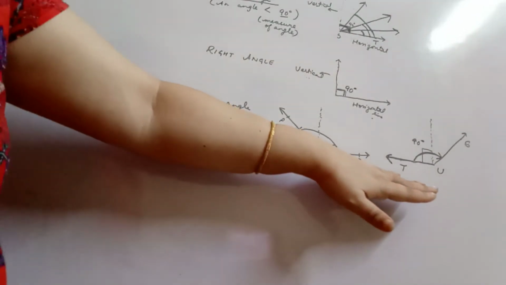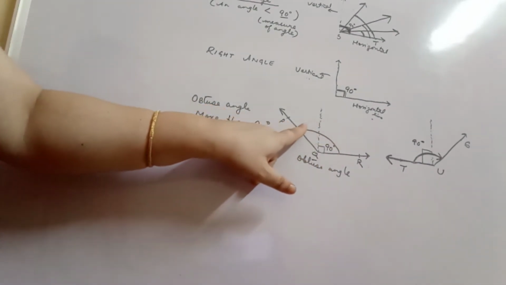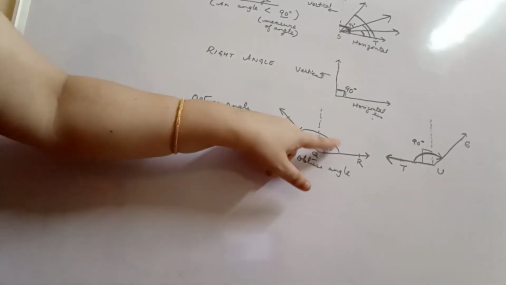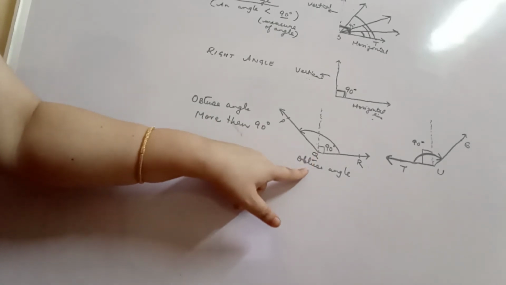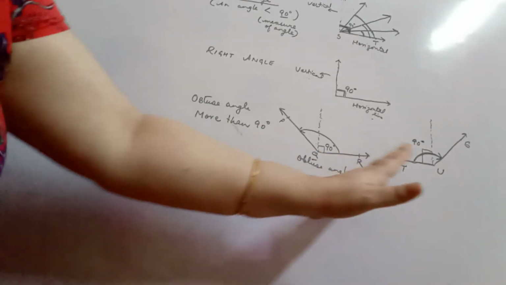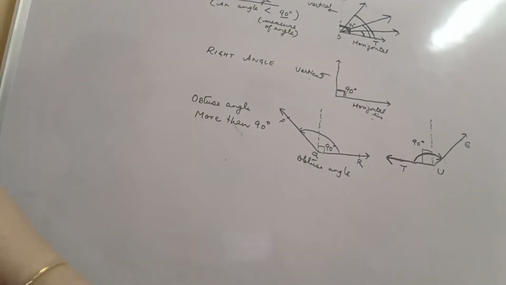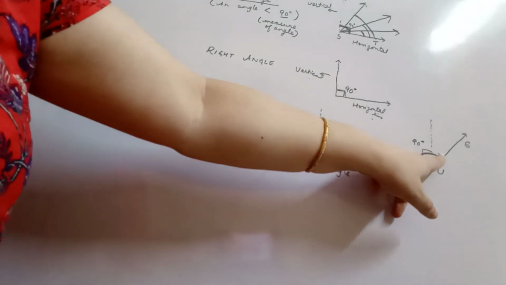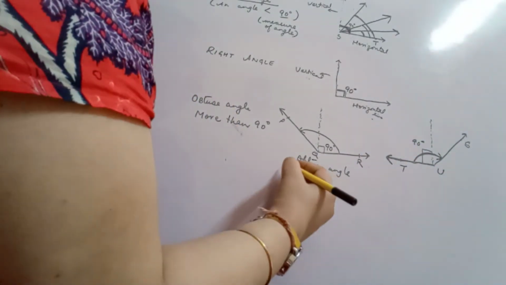While the ray is on the right side, you start from the ray and go to the other ray till here. So this measure is greater than 90 degrees, it is an obtuse angle. If I draw the ray from right to left, your measure would start from TU and go till SU. So this is also an obtuse angle.